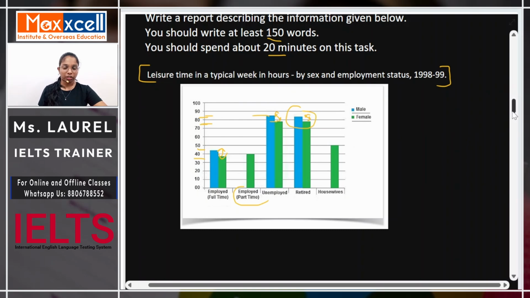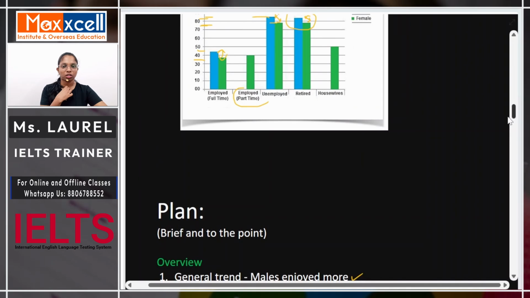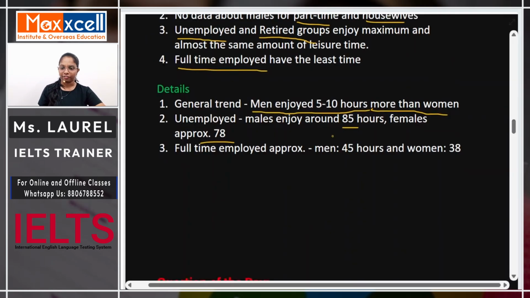So this is how you need to pick the details, right? You have to look at the graph and figure out how the numbers are given there, correct? And here we can see that this is an exact number of hours in a week, correct? So they get around 85 hours.